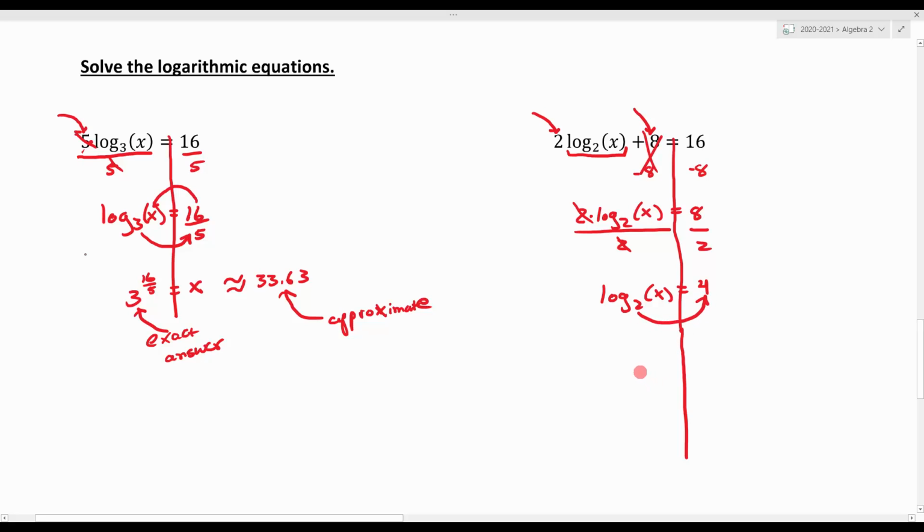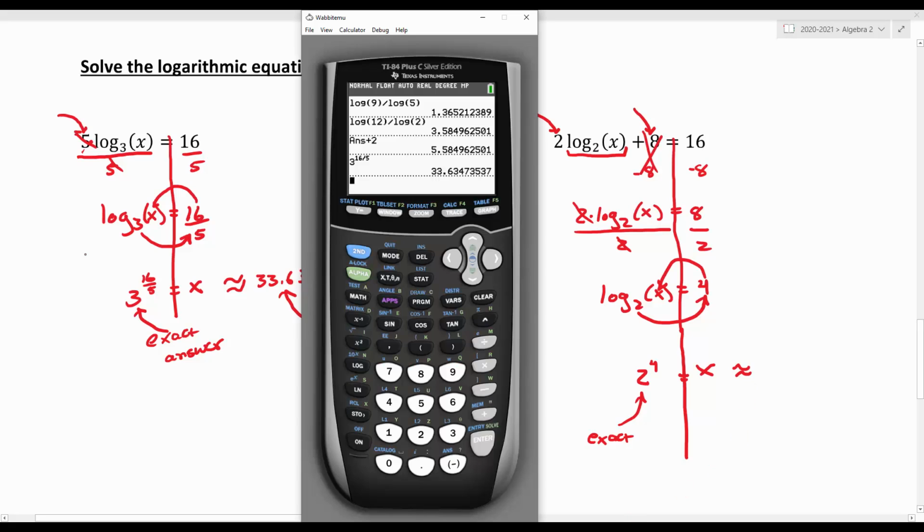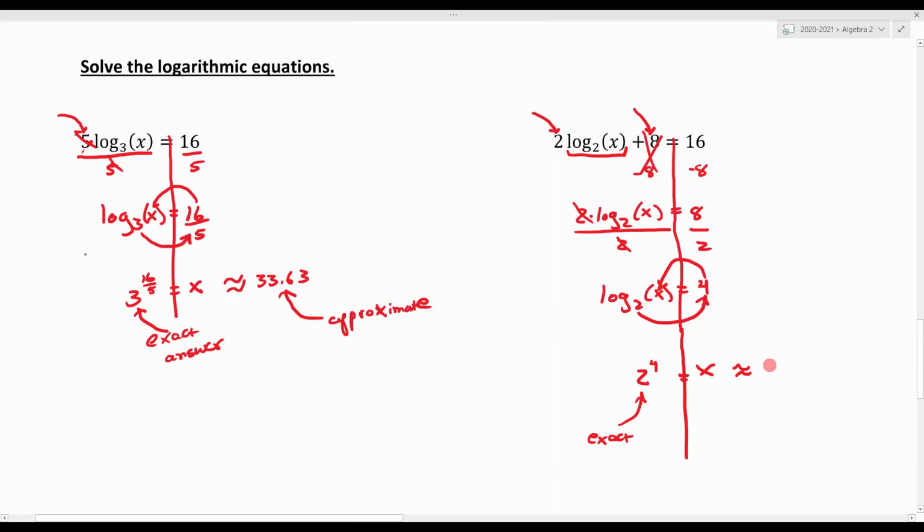It's being raised to the 4th power, so I'm going to say 2 to the 4th equals, well, it's got to equal x. Just by rewriting in that exponential form, we have solved the equation for x. This becomes my exact answer. And then I'm going to get my approximate answer by typing 2 to the 4th in the calculator. And we get 16. And there we go.